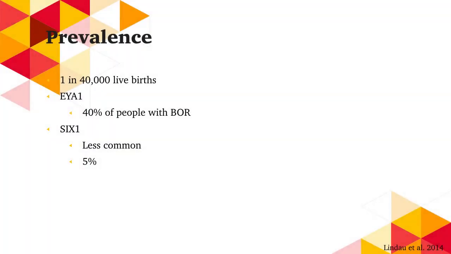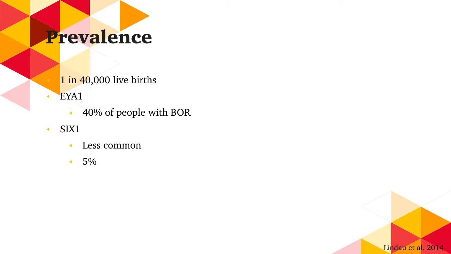BOR occurs in 1 in every 40,000 live births. And the gene that is seen most commonly through genetic testing to be linked with BOR is the EYA1 gene, which affects about 40% of people with BOR. And then you have the SIX1 gene, which is less common. So about 5% of people with BOR will have that gene mutated.